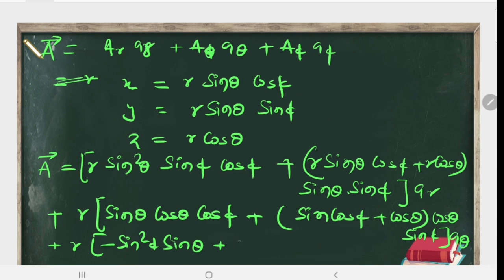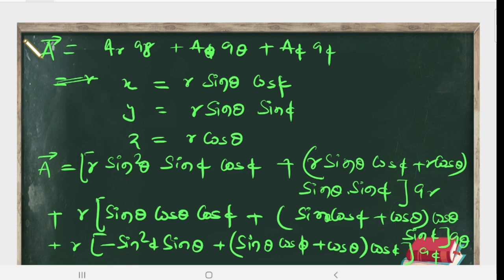So x plus z cos theta is this term: sin theta cos phi plus cos theta into cos phi. This is the phi component. In this way we have expressed the vector A in spherical coordinate system.